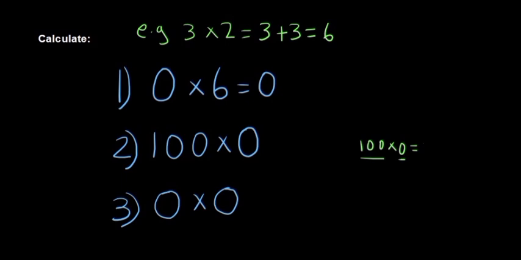So we're gonna have a 0 added to a 0 added to all the zeros up until the last 0. So this is still a 0. So that means 100 multiplied by 0 is 0. So this means 0 multiplied by 0 is 0.